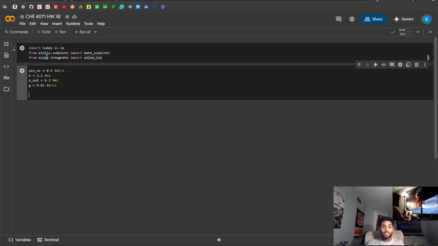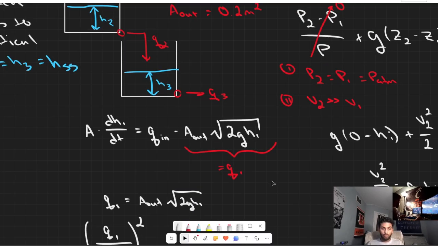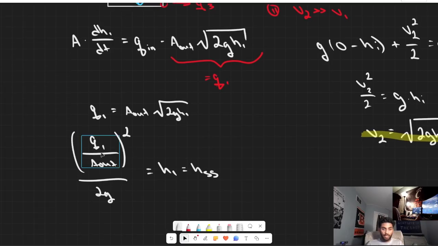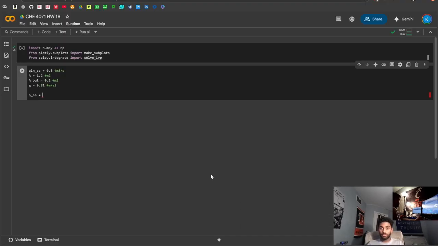And I also want to calculate the initial height at the steady state at time equals 0. So I'll call it h_steady_state. And if you remember what we just derived, it's Q1 over the area of the outlet, squared, over 2g, is equal to our steady state height, which is true across all of our tanks at the initial steady state.